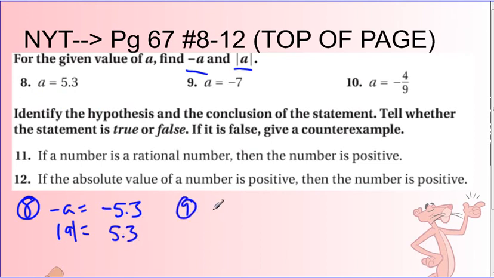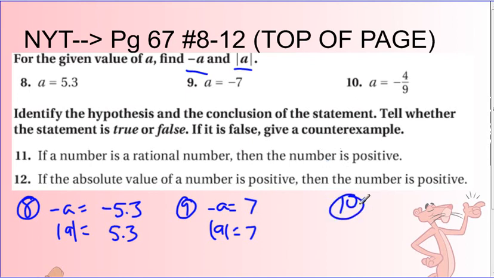Number 9, the opposite of a, well, if a is a negative 7, you change the sign, it becomes a positive 7. The absolute value is always positive. So you write down a positive 7.